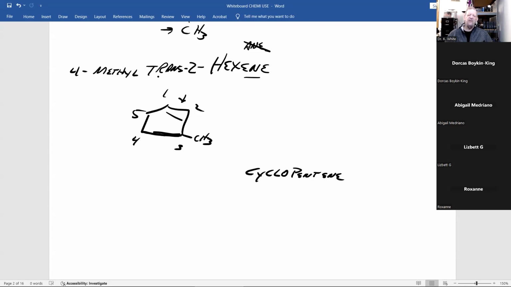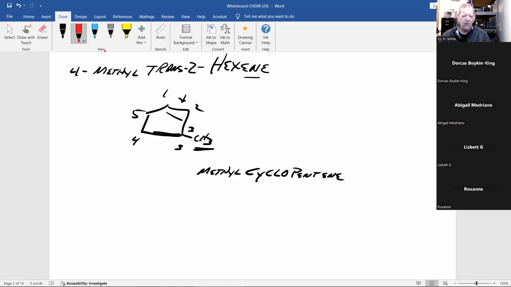One of the 2 carbons has to be 1, the other has to be 2. Oh, look, we have our old friend, the methyl group. Now, the question is, what carbon is it on? One way to number it is that way. Remember, one of the 2 carbons has to be 1, the other has to be 2.